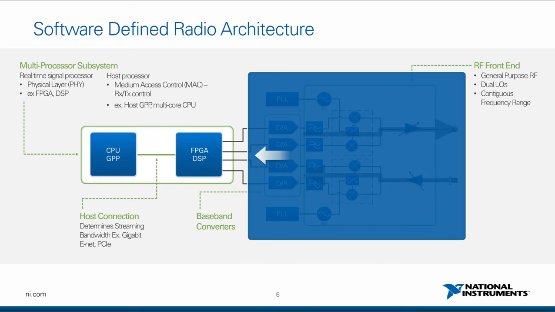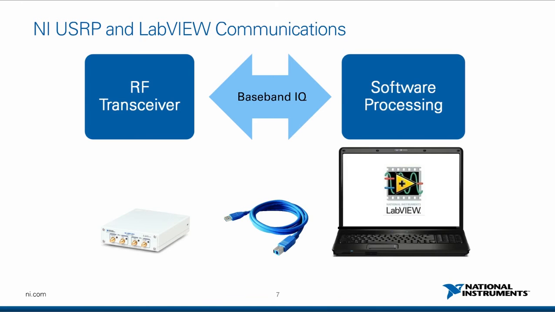The NI USRP is a family of software-defined radios that aims to address both of these problems. They cost orders of magnitude less than the large RF systems often found in research, and are programmed using LabVIEW, the graphical nature of which has been proven in teaching time after time.